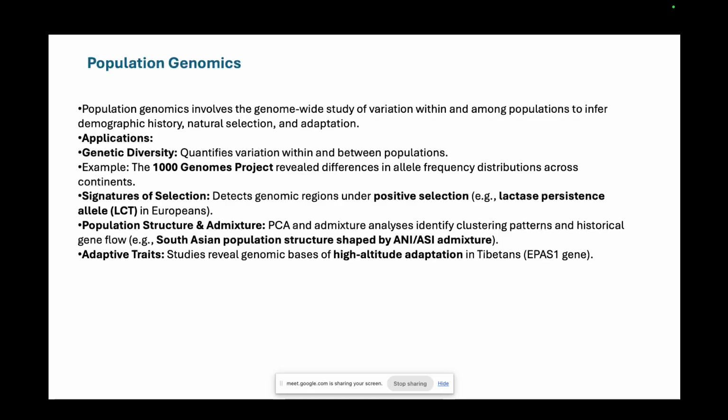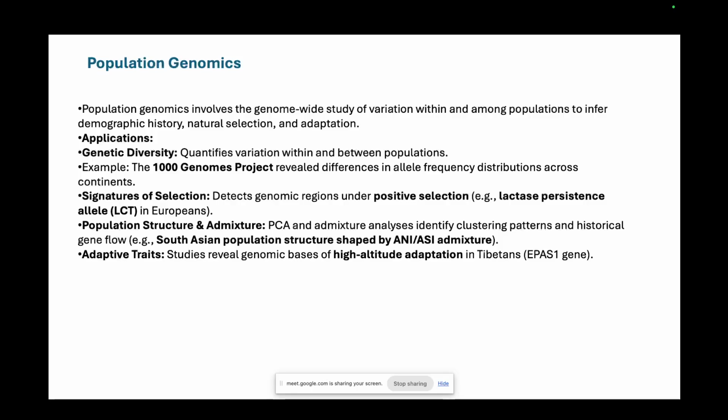This variation has been there in the genome of Europeans for a very long time, and it has not been wiped out because of positive selection. And for this, a lot of Europeans are actually kind of intolerant to lactose, unlike Indians. So that is a very good example of that.